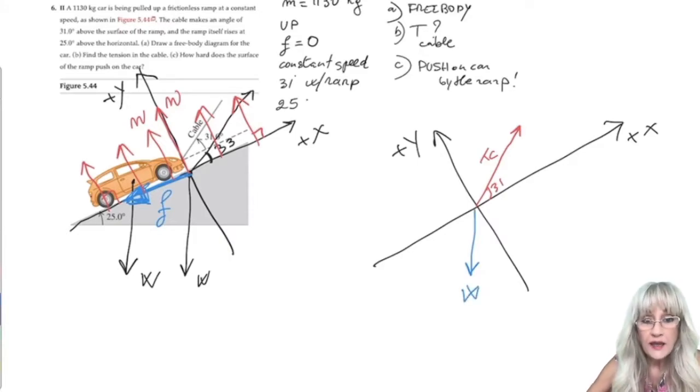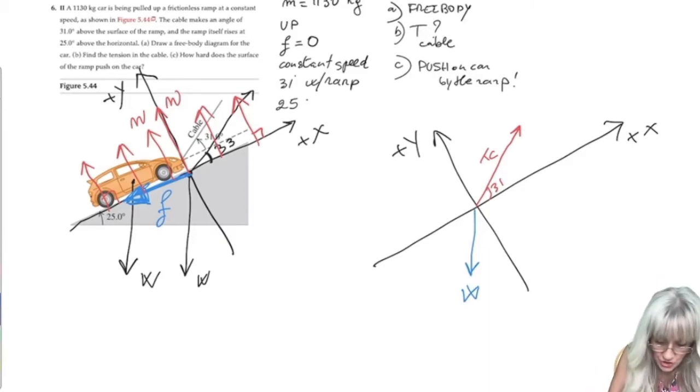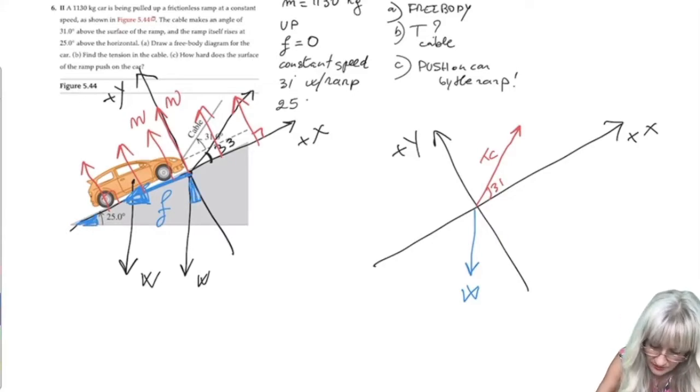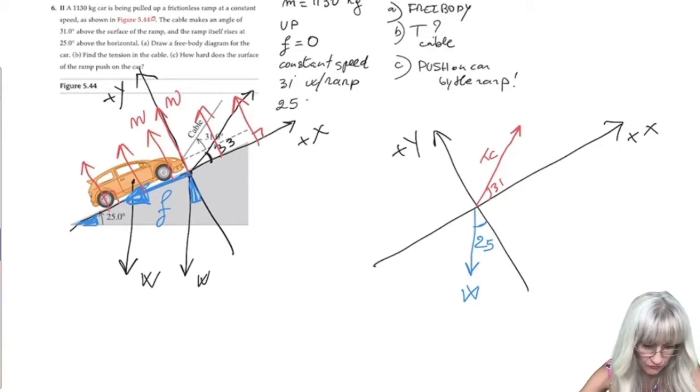Now, what's the angle? Well, from alternate angle flat geometry, if this is 25, as I explained to you during the theory, this one is also 25. And the last one is the normal force, which I'm going to put here, N normal.